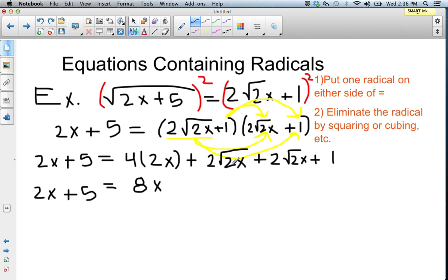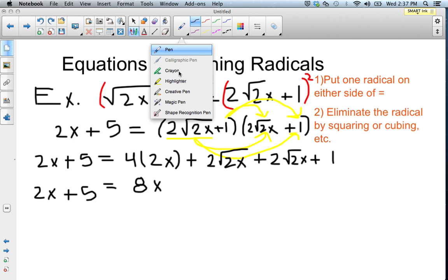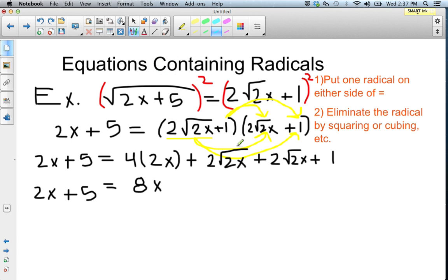I have like terms in the middle. 2 square root 2x plus 2 square root 2x. These are like terms. Remember, they have the same index. They have the same radicand. So I have 4 square root 2x. So I'll write that under here.